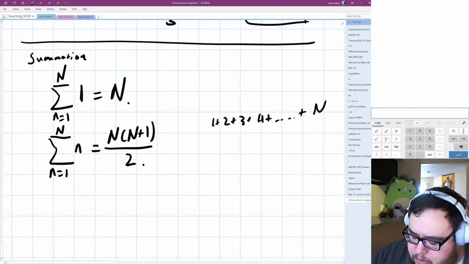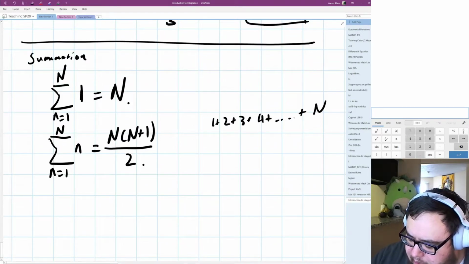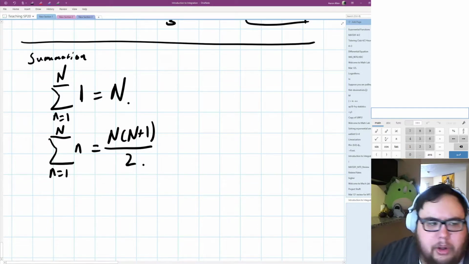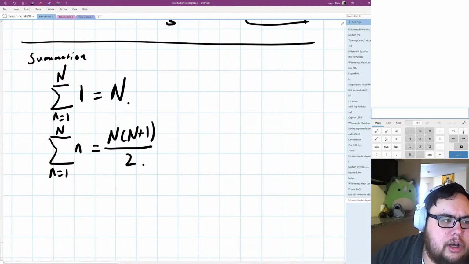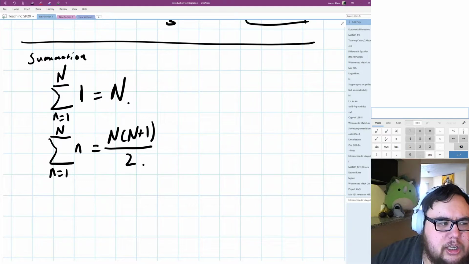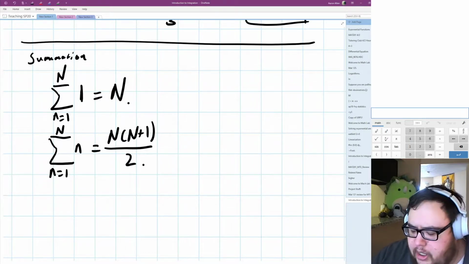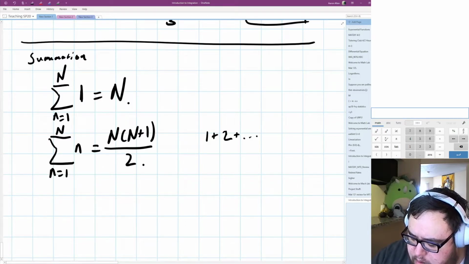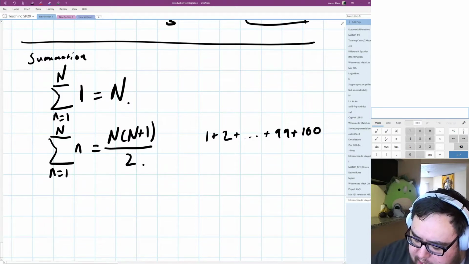The story behind this one is that Gauss was goofing off in elementary school, and his teacher got really mad at him and said, okay, Gauss, go sit in the corner and add up all the numbers from 1 to 100. Maybe 10 minutes later, Gauss said, nope, I got it. It's 5050. What he had done is write down the sum, and then write it down backwards underneath.